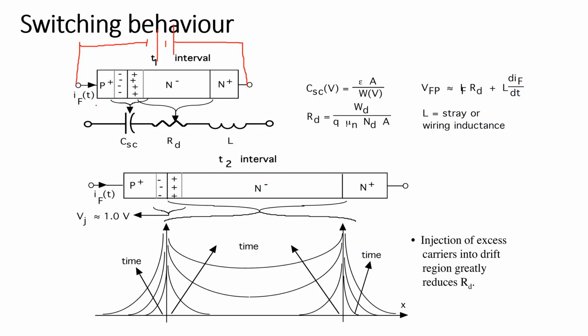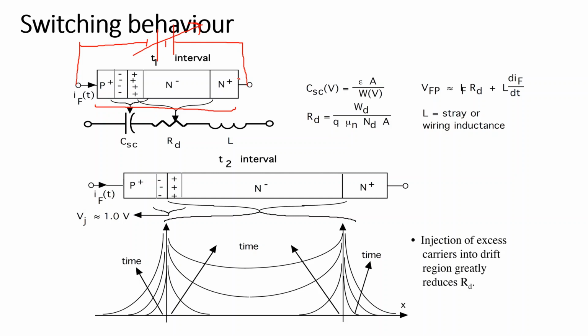The voltage across the diode does not become negative instantaneously. Why does it not become negative? Because the diode is still forward biased, it is not reverse biased yet. We have applied the reverse bias voltage, but the diode has not turned off yet. Since it has not turned off yet, the voltage across it is not negative.